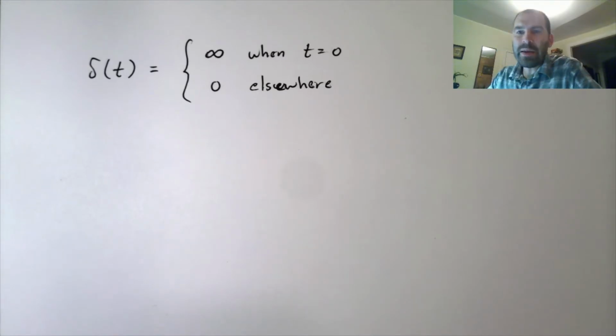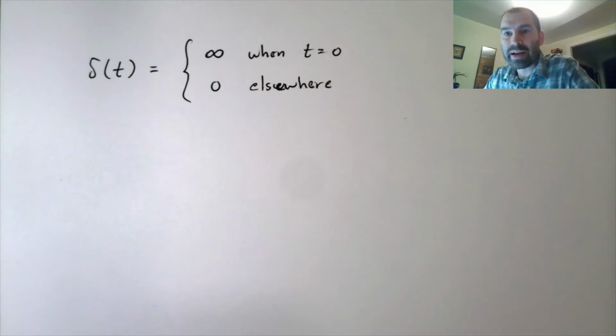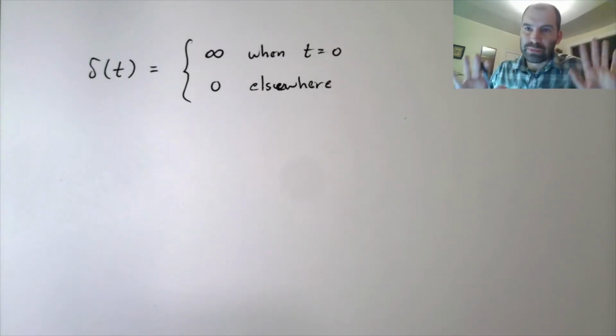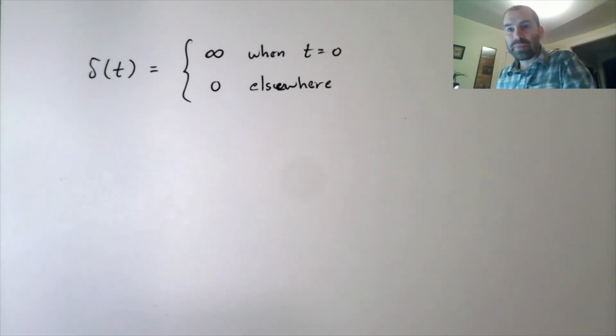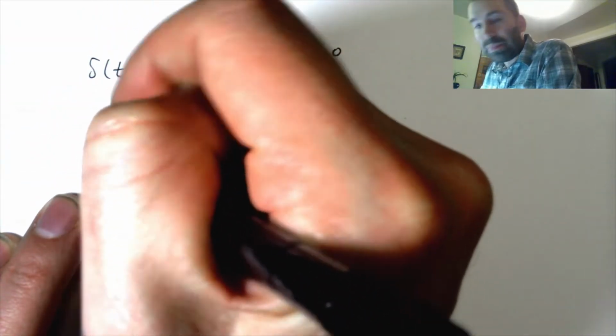Now, this can be made mathematically rigorous, and the way we talk about this mathematically, really we have to go to the theory of distributions, and that's beyond these videos. But you can kind of think about it as the limit of a sequence of functions. Okay, so one thing we can think about is a bump function.